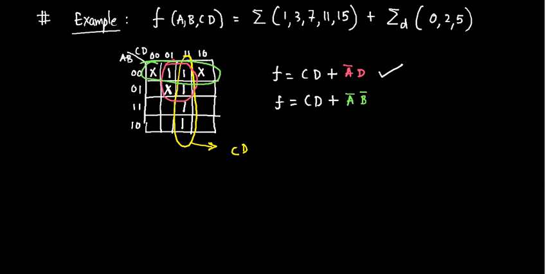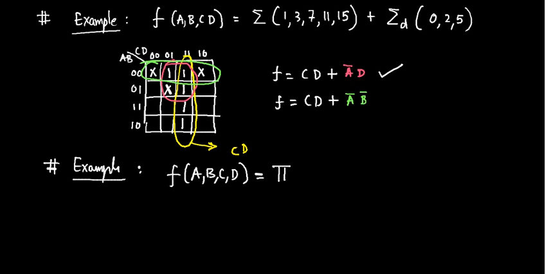Now consider this example. Let's go for another example. F of A, B, C, D. Now I am giving it in POS form: 4, 5, 6, 7, 8, 12.